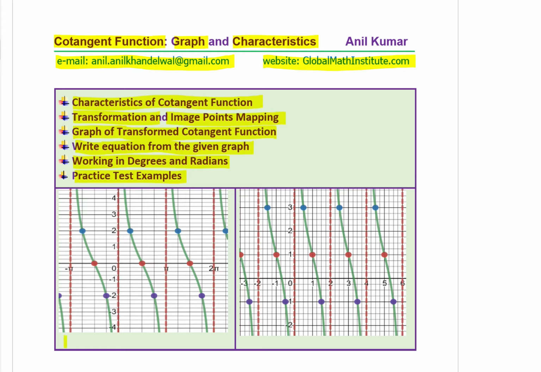Both the graphs shown here are the graphs of cotangent function. As you can see, most of the time they are in one direction. That means cotangent by default is a decreasing function in its own interval. The interval in which it is defined is bounded with the vertical asymptotes.